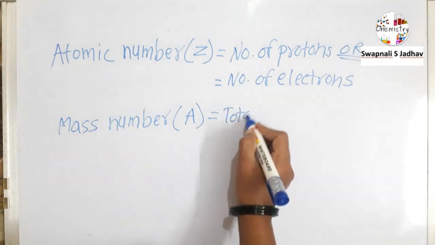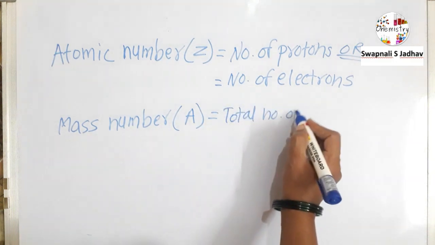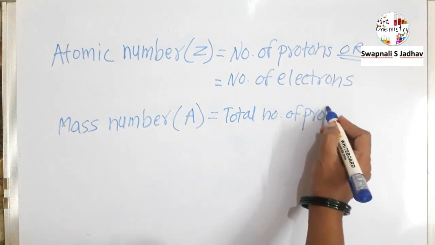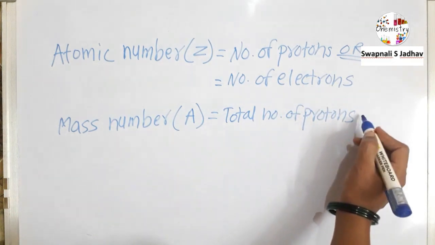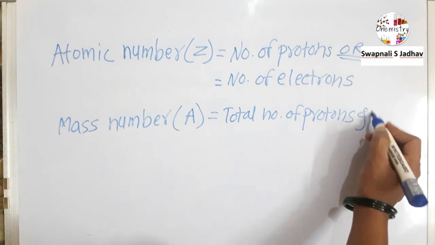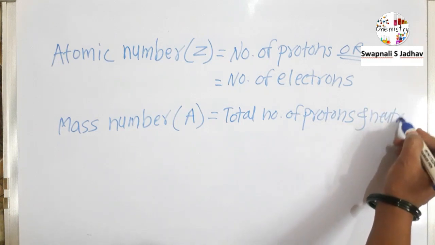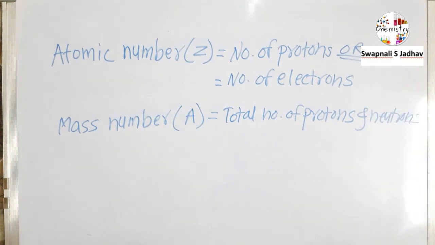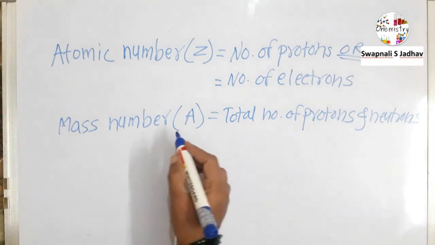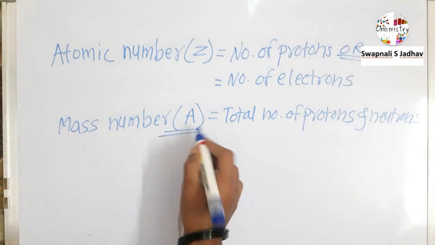Total number of protons and neutrons in atom is known as mass number, or we can also say total number of nucleons, because nucleons means proton plus neutron.